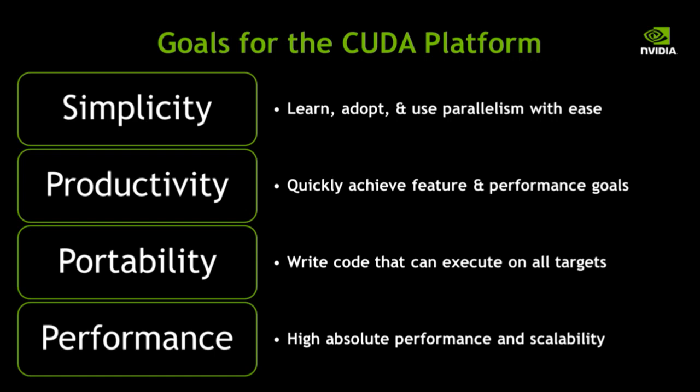And one of the ways that we're working hard on portability is by trying to make sure that parallel computing is accessible from mainstream languages. And I'll talk about that a bit more. And of course, performance is always important to CUDA. It's been important since day one, and it continues to be important. But not just absolute performance on the GPU, but also scalability of the application from smaller GPUs to larger GPUs, across multiple GPUs, and on clusters.